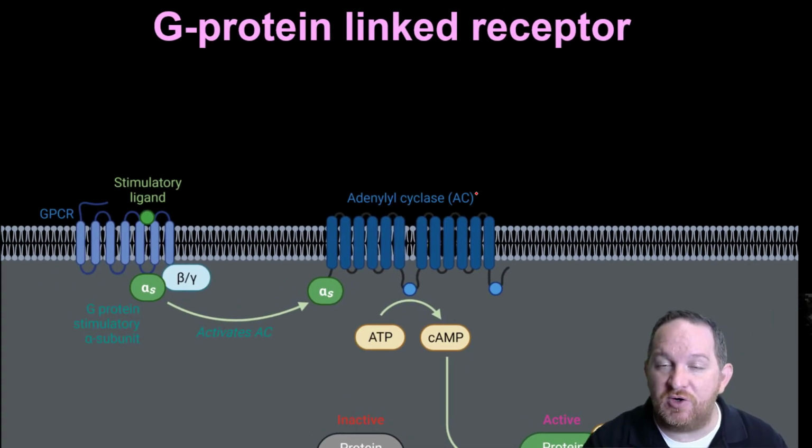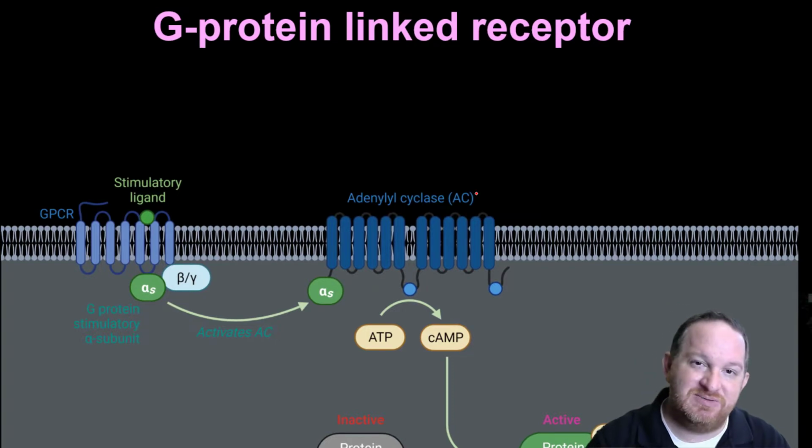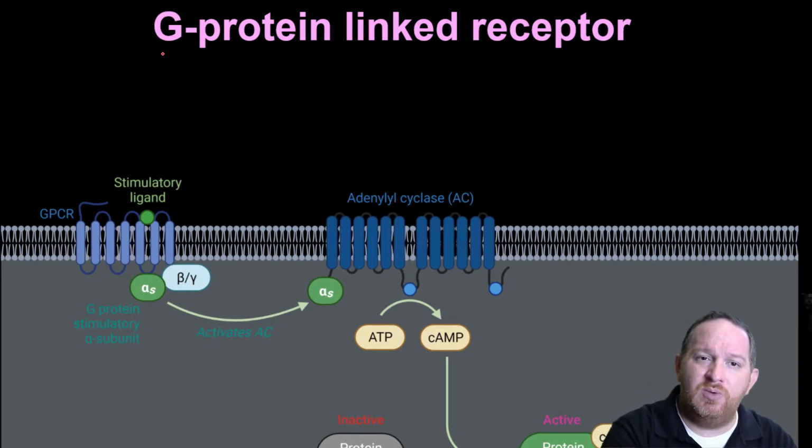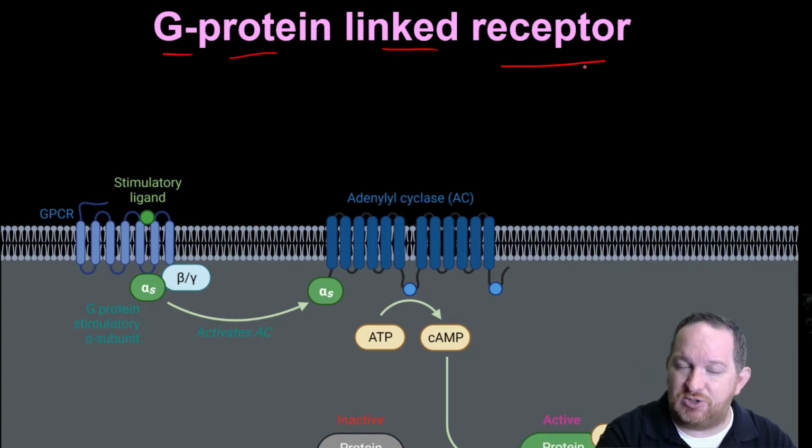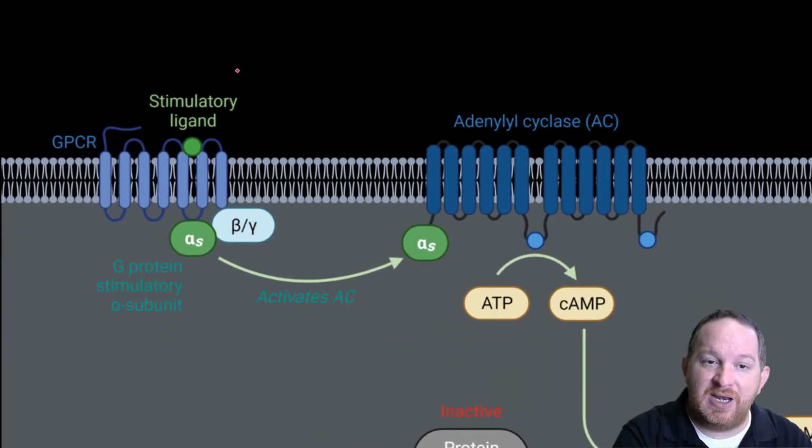Okay? So the first receptor, one that gets a lot of press, it's involved in a lot of things, is what we call the G protein linked receptor. So we're just talking about the receptors here in the membrane that are going to receive the ligand. And so what you see here is a G protein receptor, GPCR.